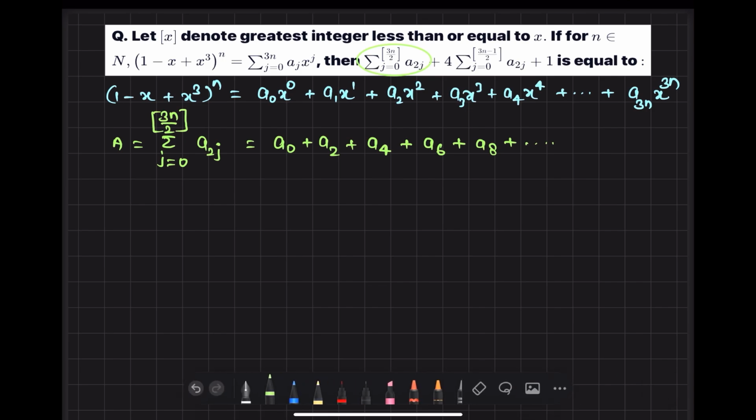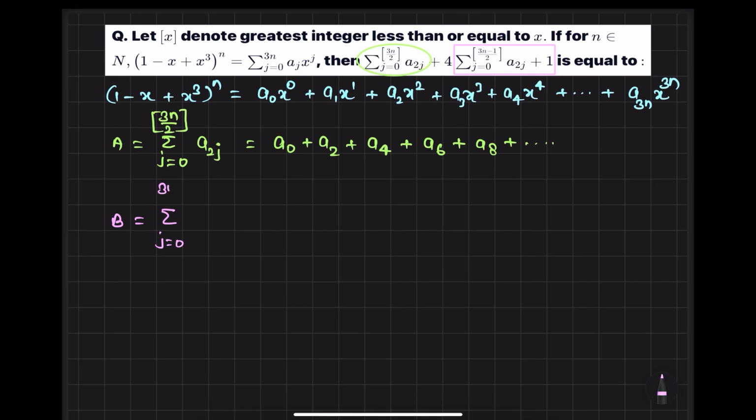And look at how we will approach this question. Now we will move on to part b. I'll exclude 4 for the time being. So according to me, b is like this: j starts from 0 to the greatest integer of (3n−1)/2, then a2j+1.